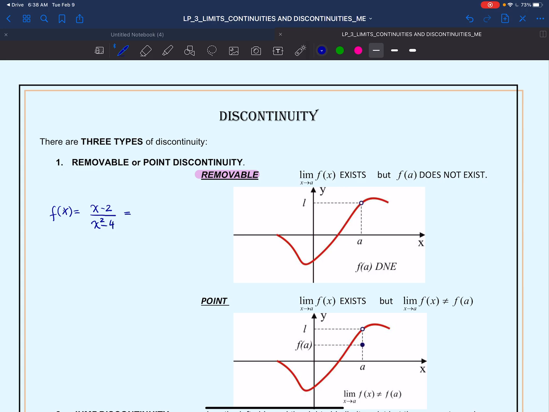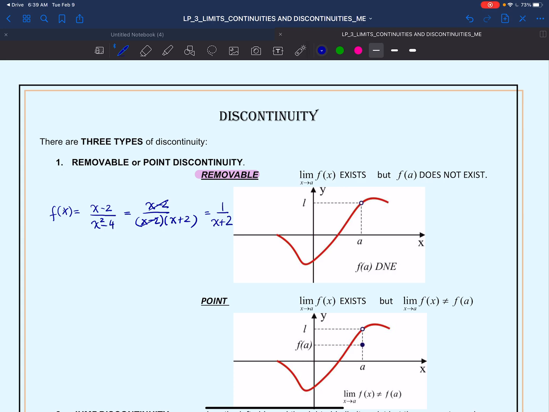So technically, this function must have two vertical asymptotes because there are two restrictions in the denominator. But because one of the restrictions simplifies, one of the asymptotes is removed. But removing the asymptote doesn't mean that the function becomes defined at the point.